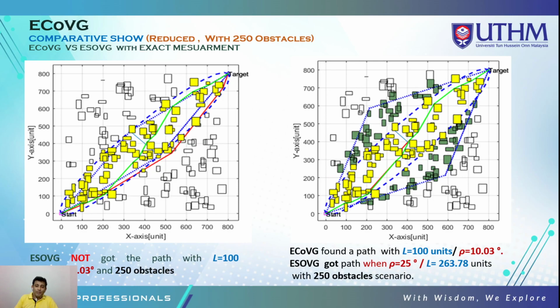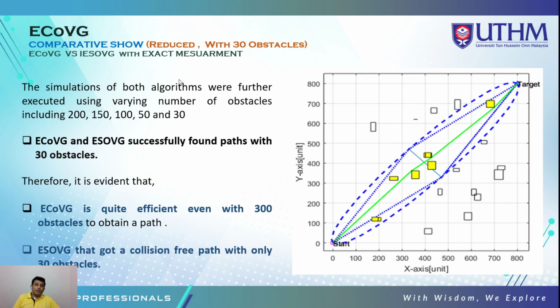So here for ESOBG I increase rho to 25 degrees, and within this size the path can be found, but EQVG can get it within the previous size. This way we reduce the obstacles until 30, then EQVG and ESOBG both got the path.